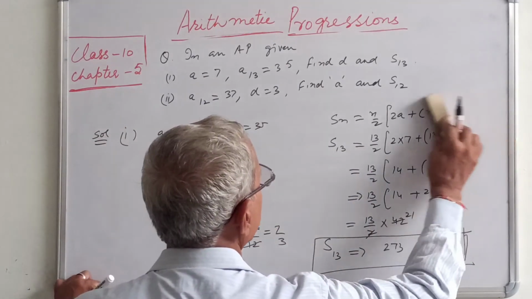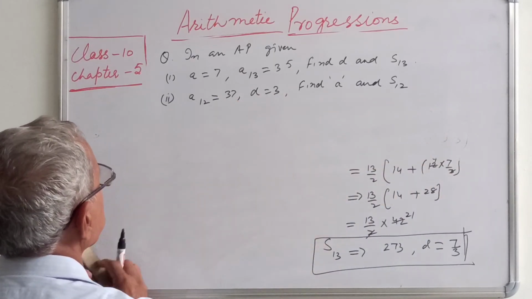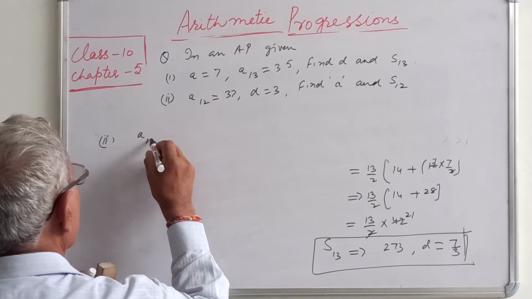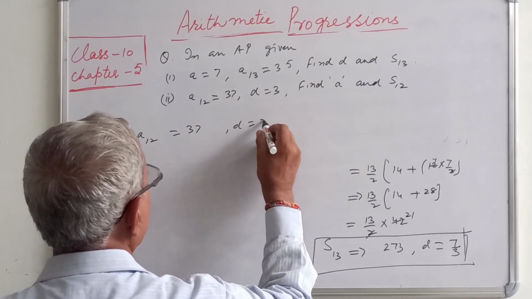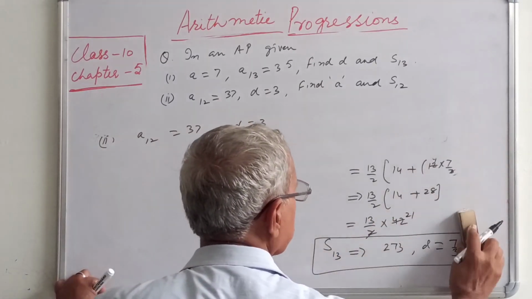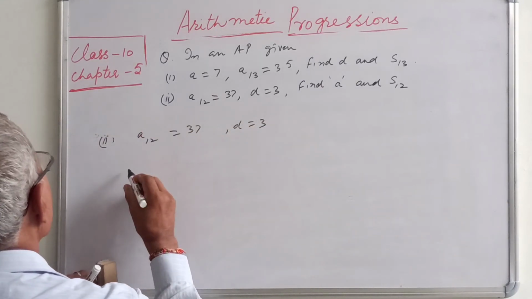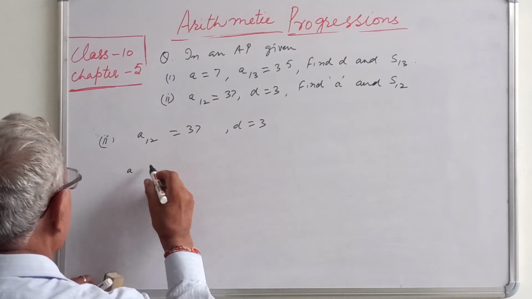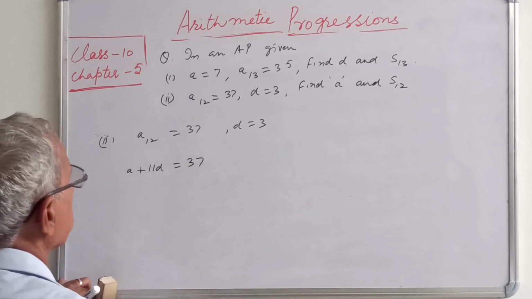The second part, A12 is 37 and D is 3. So the formula for A12 is A plus 11D is equal to 37.